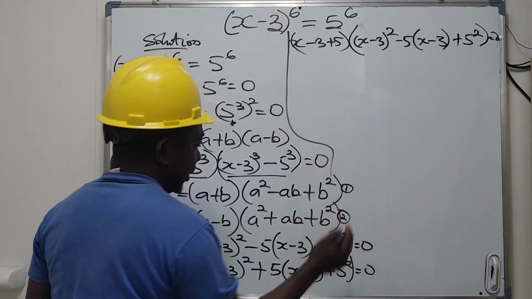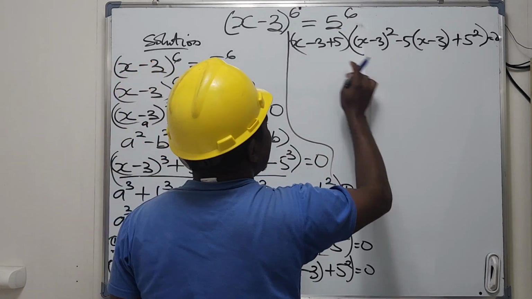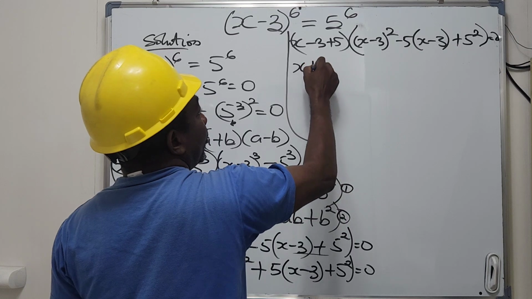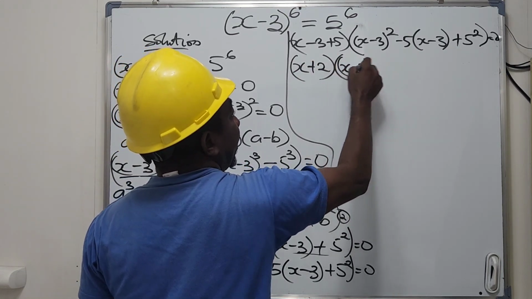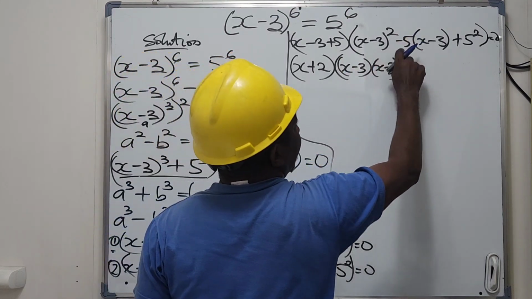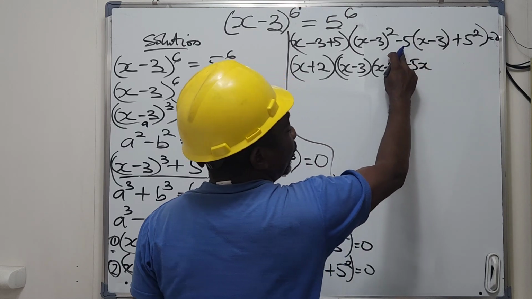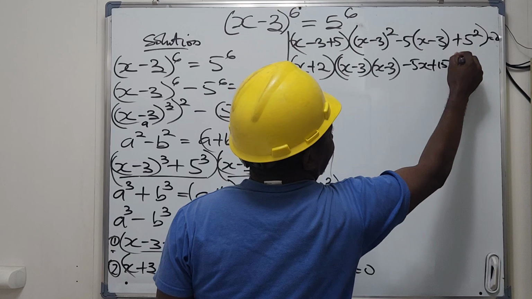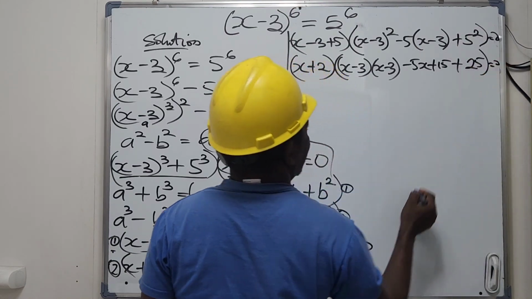So evaluating this, we are working with this first one. x − 3 + 5 will become x + 2. So we have here (x − 3)(x − 3), then minus 5 times x, we have minus 5x. Minus 5 times minus 3, we have plus 15. We have plus 5^2, which is 25, all equals 0.